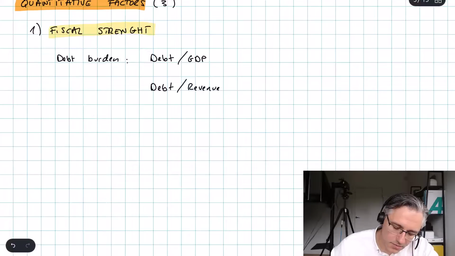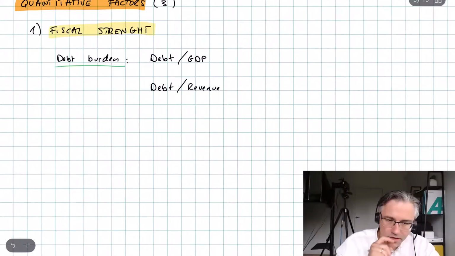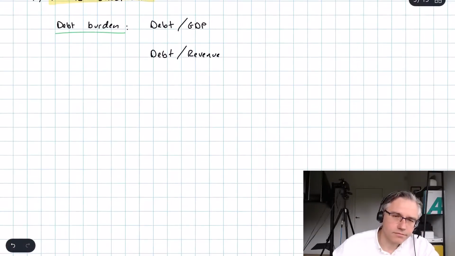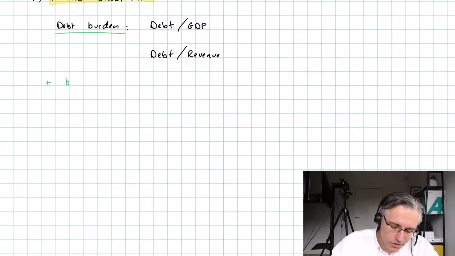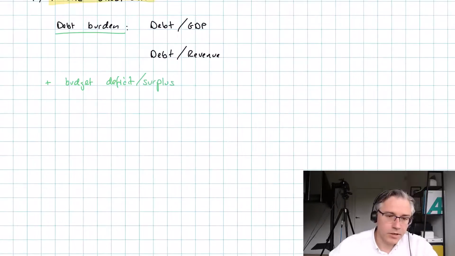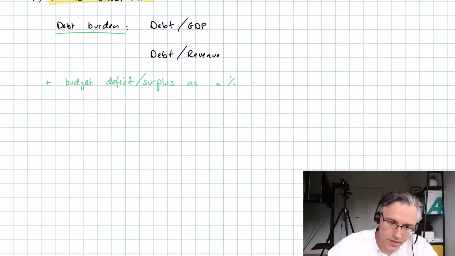Another thing that we may measure here, so not just debt burden, but also how much budget deficit there is, or indeed how much surplus there may be in terms of budget as a percentage of the country's GDP.